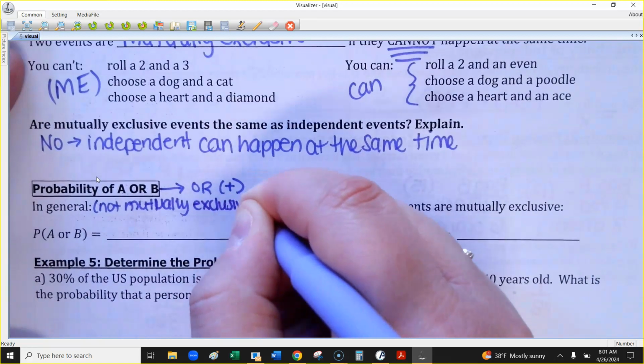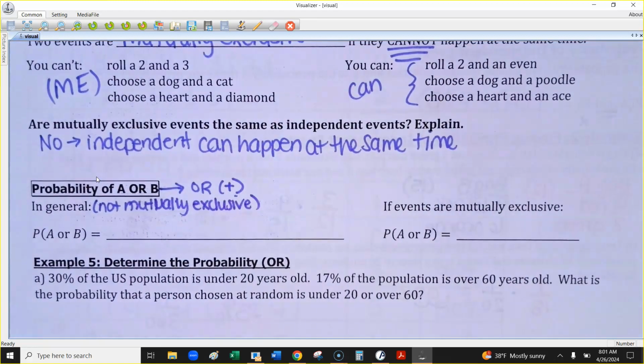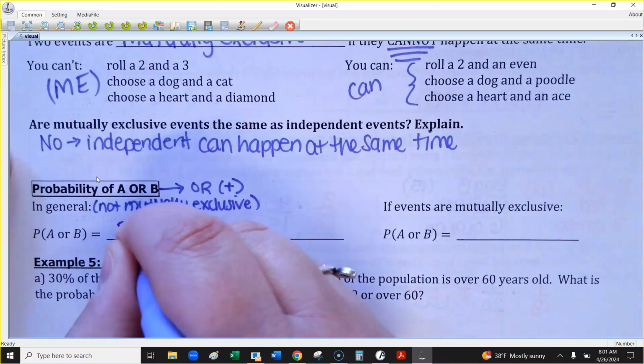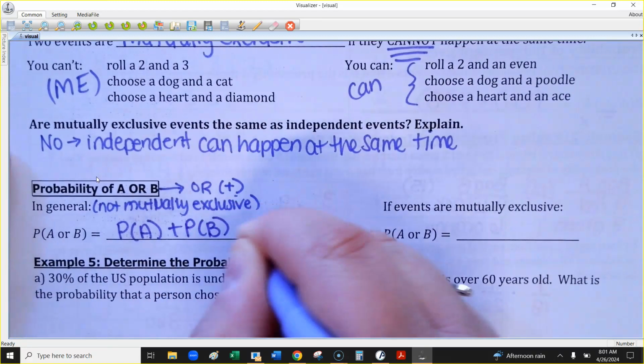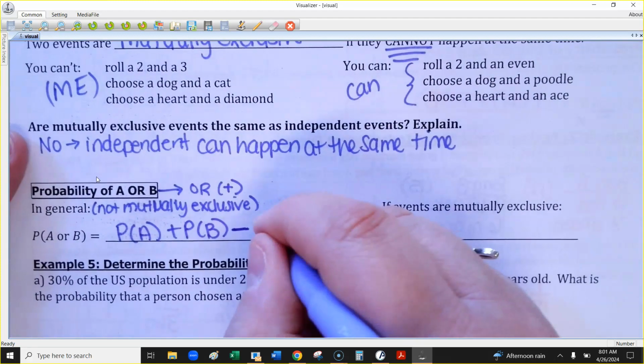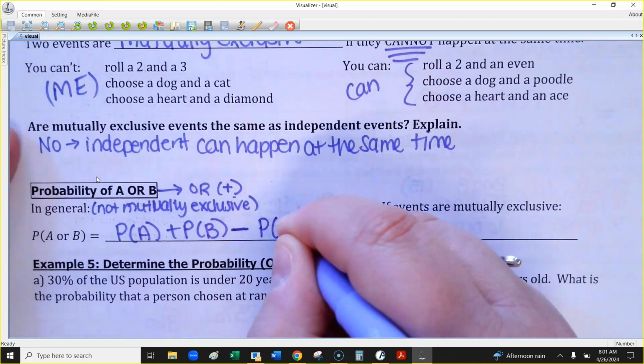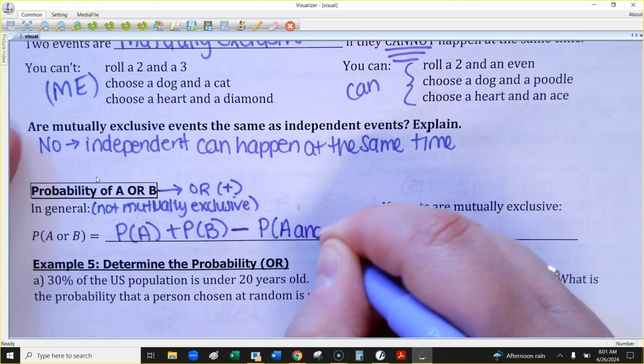If they're not mutually exclusive, there might be some kind of overlap when you calculate this probability. So this is the probability of A plus the probability of B minus the probability of A and B.